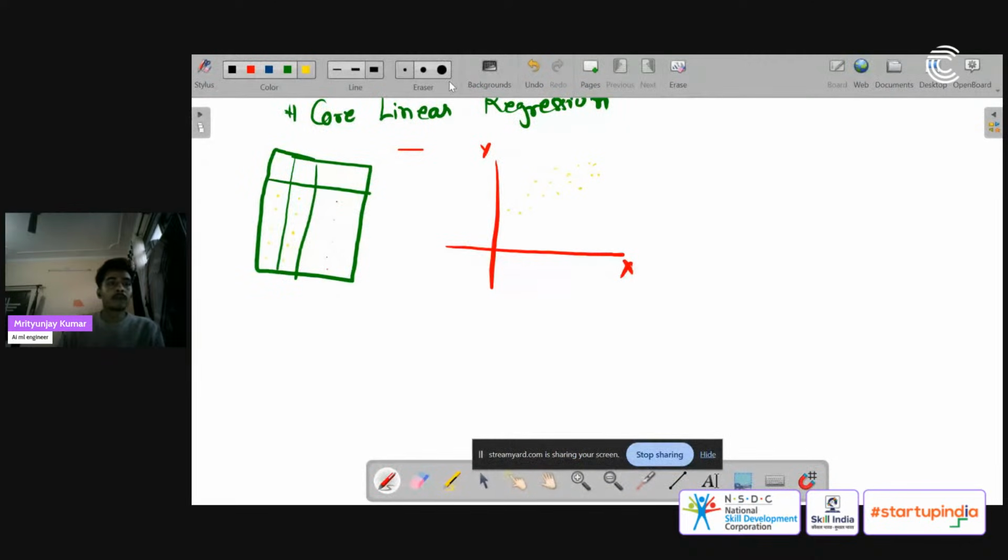Our target is to find this best fit line. But while finding this fit line, maybe the situation will be like this: we got this type of line, but it is not the correct line for this current set of data.